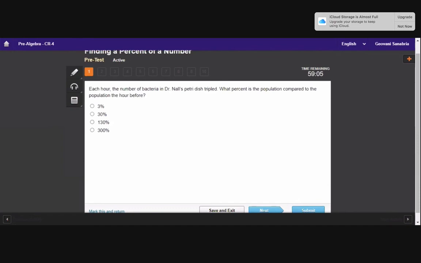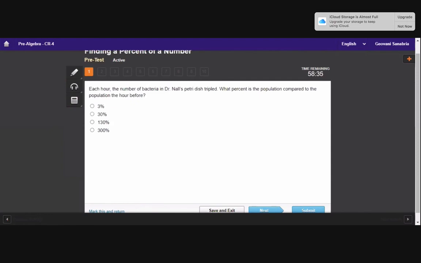Yeah. So on this, whenever it doesn't give you any numbers, I think the easiest thing to do, because percents are always out of 100, is to pretend like you start out with 100.